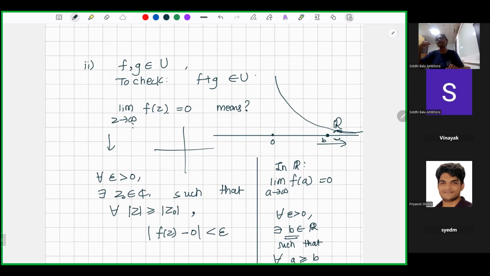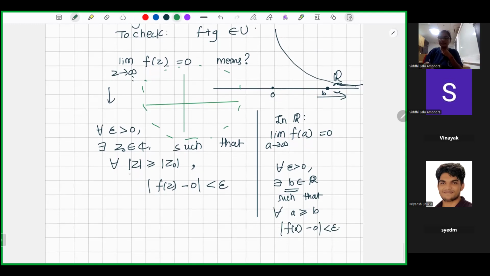But in complex, when I say something goes to infinity, we do not have a particular direction which it follows, because it is a plane like this.